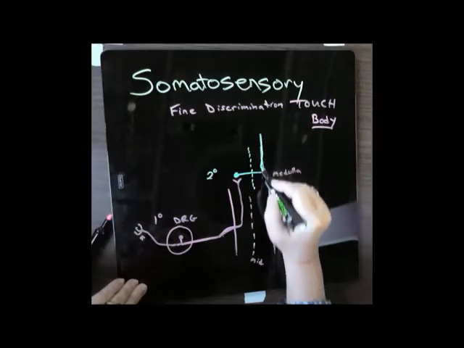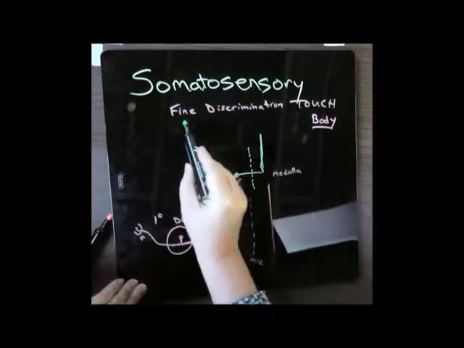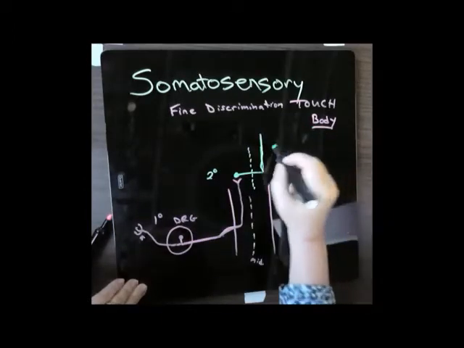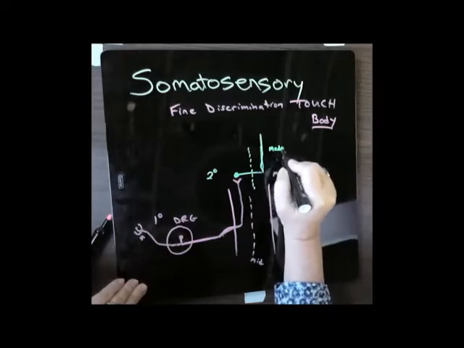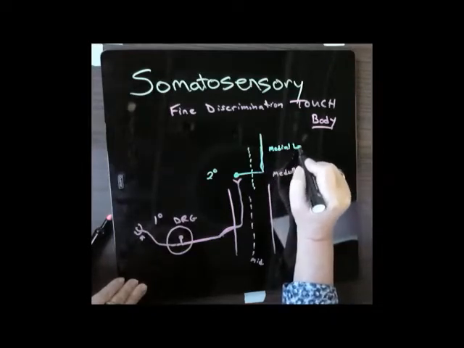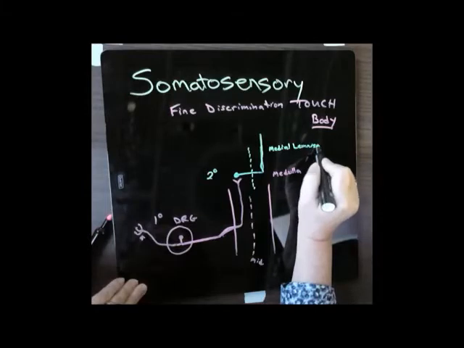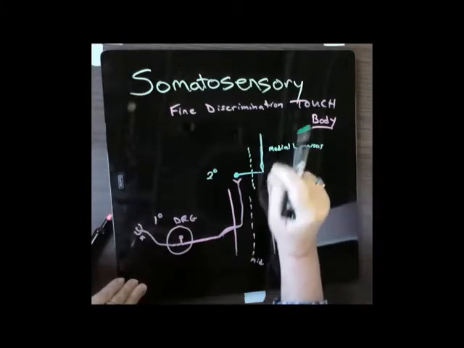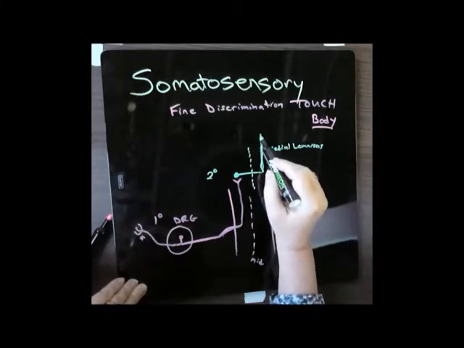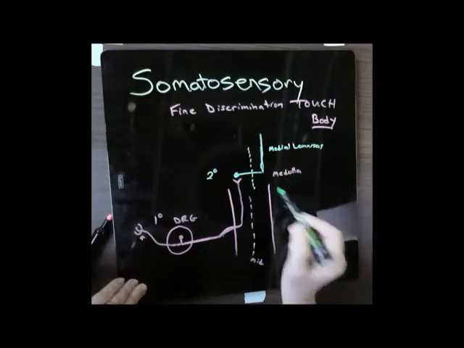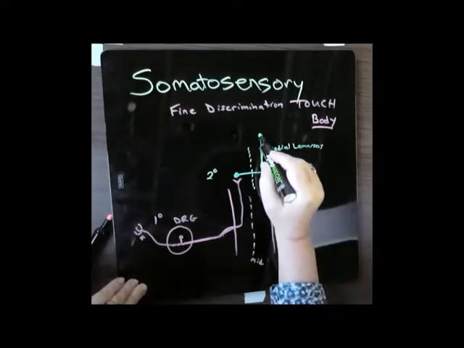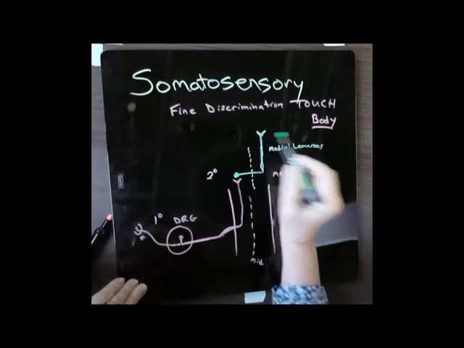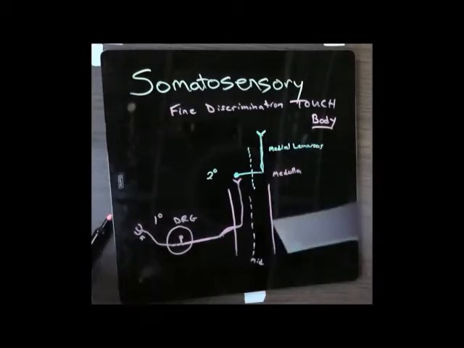Now this bundle of axons that's conveying fine discrimination touch from the body is called the medial lemniscus. Okay, so this pathway is going to synapse in the thalamus. I'm going to have to make some more room.